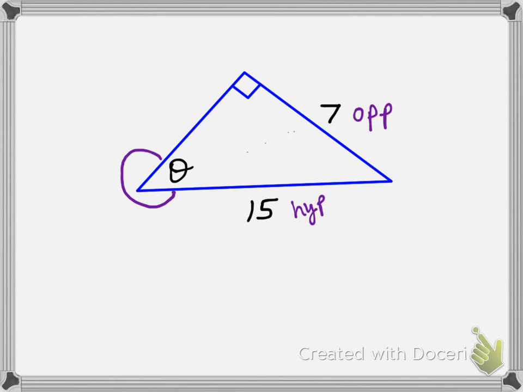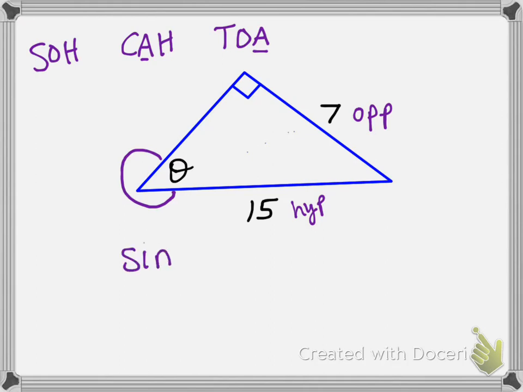Now I'm going to use the mnemonic to help us remember it. CAH for cosine, and TOA. You can see that these two have a's in them, so we're not going to pick those. Sometimes it's a little faster to actually think about what you don't have. So we'll write that one as the sine of theta is going to be equal to 7 over 15.